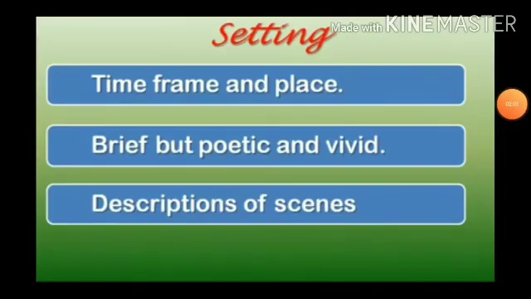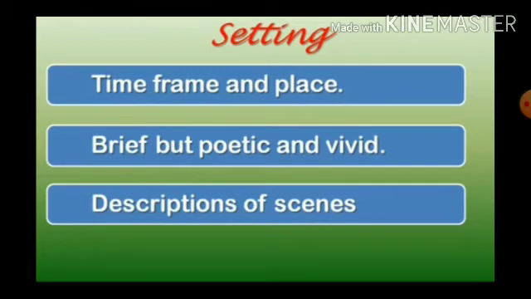The second important element of a short story is its setting. So setting is the background of the story, and it can happen in a forest or a classroom, or it can be anything, as you are free to use your own imagination and ideas to create the setting of a particular story.